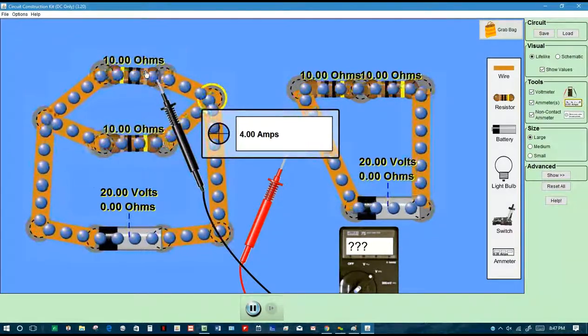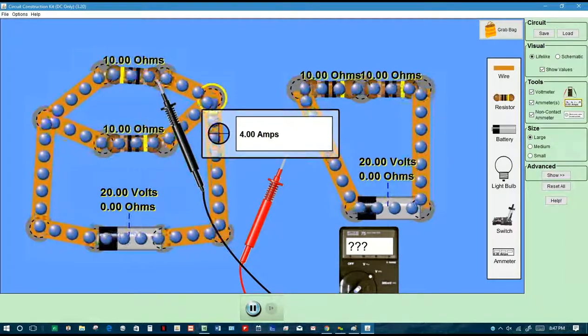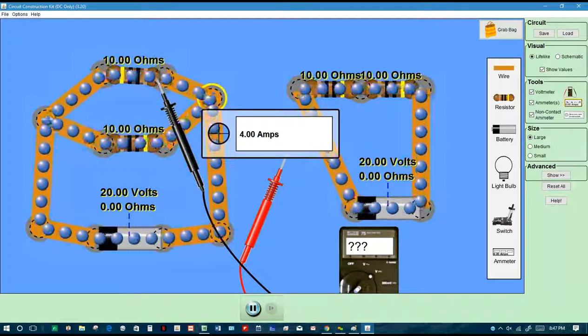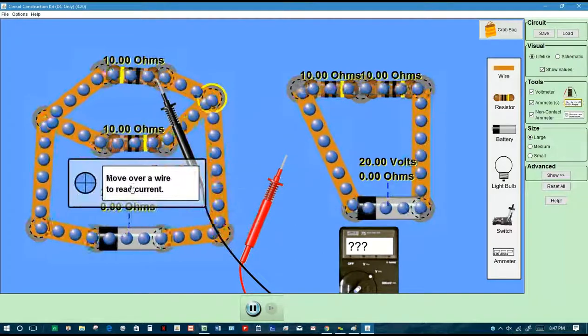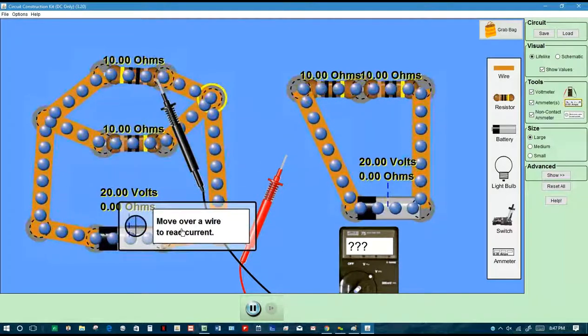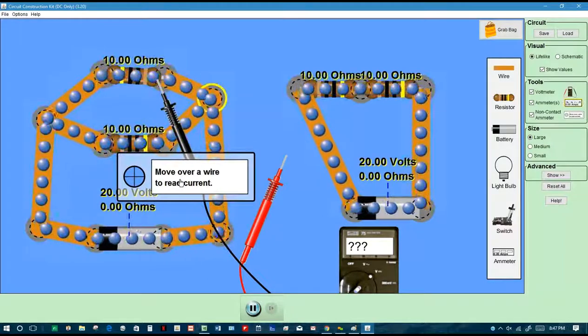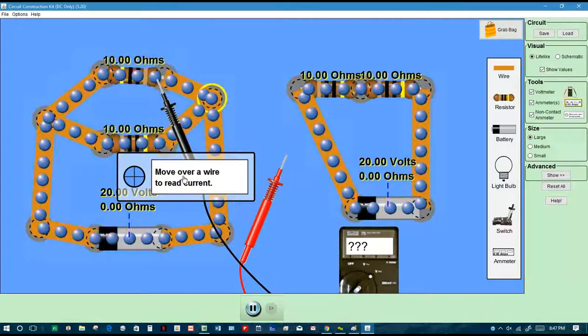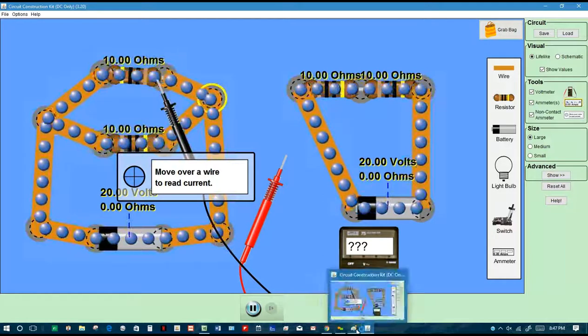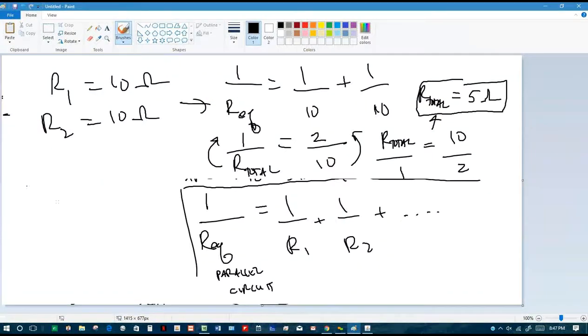Notice now, I'm claiming that using that new equation, you get a total resistance of 5 ohms. You can still use Ohm's law to figure out how much current should be flowing out of this battery right now on the left side. Well, the voltage is still 20. What is the total resistance? We said it was 5 based on that calculation, right? So let's solve for the current in this parallel circuit.